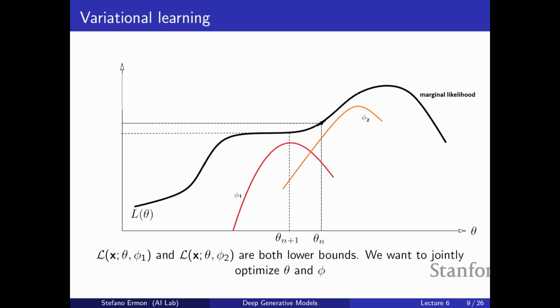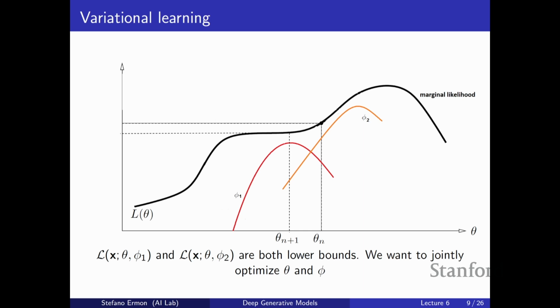How good a phi is depends on the current choice of theta. Around this choice of theta, maybe the red curve would be better than the orange. But with a different choice of your variational parameters, maybe the orange curve becomes better. And so as we jointly optimize, we have to keep them in sync.